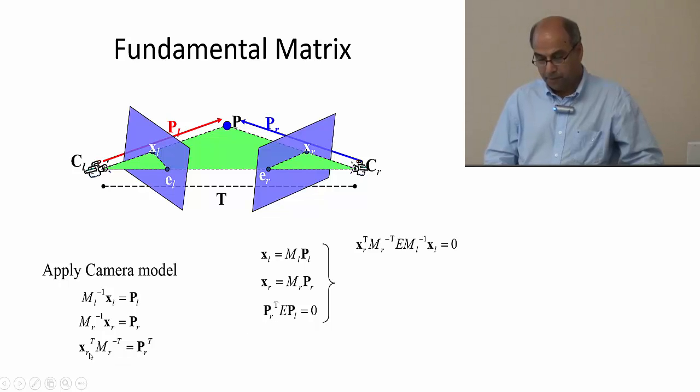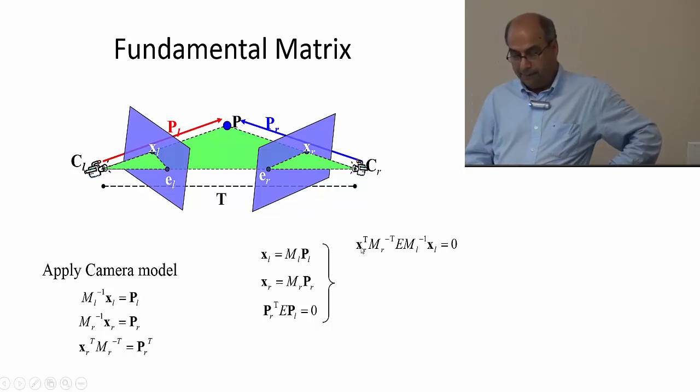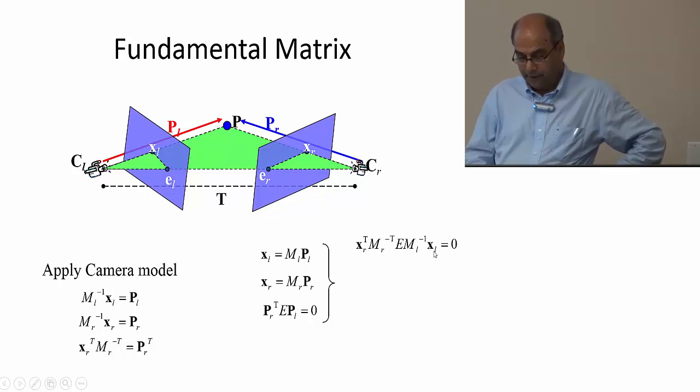PR transpose from here is XR transpose and MR minus T, which we put here, and PL from here is ML inverse XL, which is here. So right now what we have are the image coordinates on the left and right of the same point, the essential matrix, and the camera matrices.